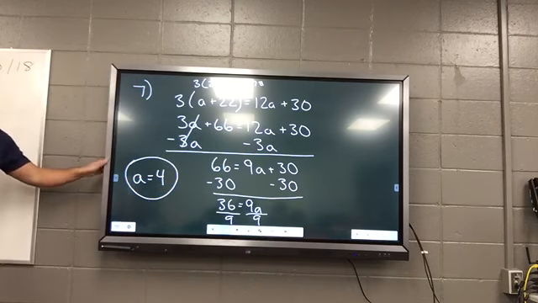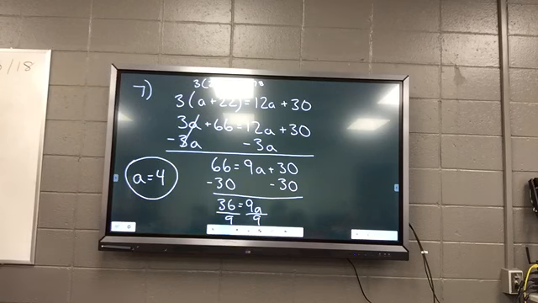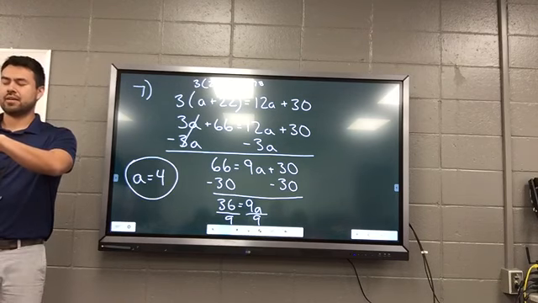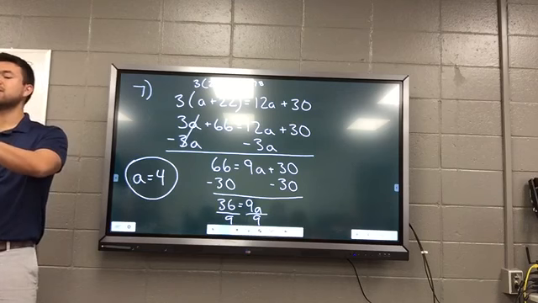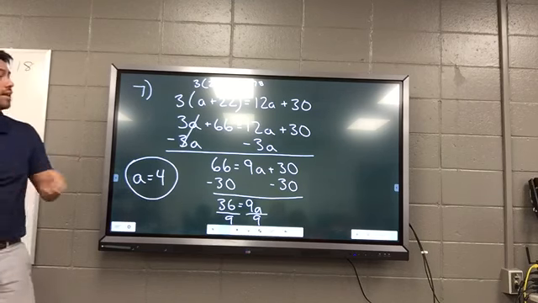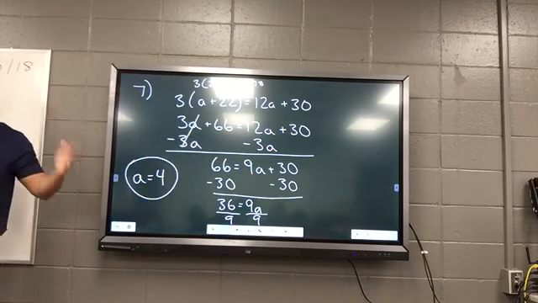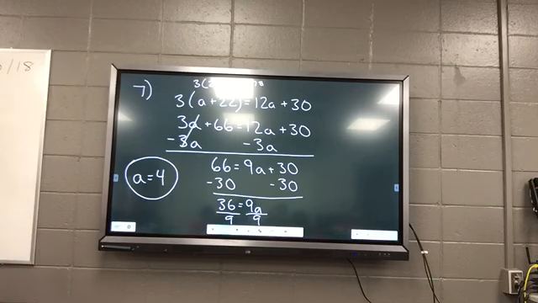How do you decide which one to do first? Always get the variable to one side or the other first, after you've eliminated parentheses and added like terms. And then you can add or subtract 30 from both sides. Although you don't have to. You really could do either one first. Probably shouldn't say that out loud.